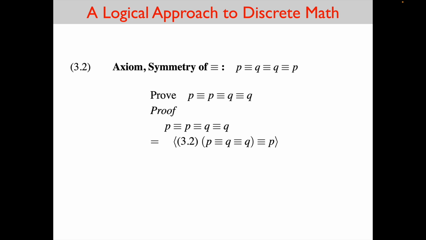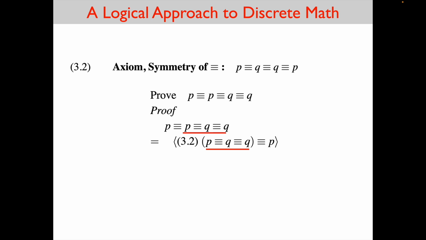And the key idea here is to identify the part of the hint that we have in the first line of our proof. So look, in the first line of our proof, we have a P equivales Q. Okay, so do you see that? It's underlined in red.